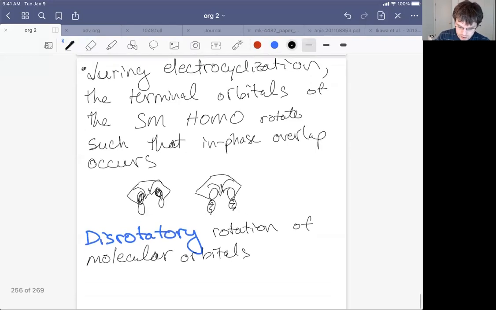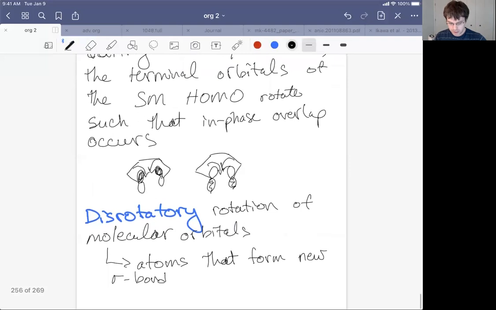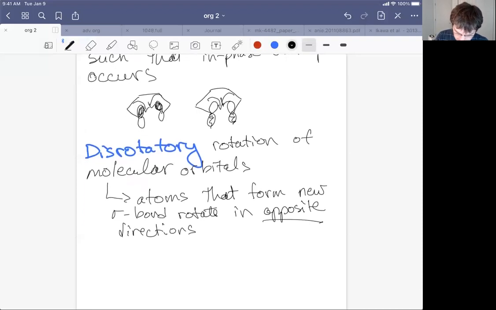In disrotatory rotation of molecular orbitals, the atoms that form the new sigma bond rotate in opposite directions. That is to say, when I say opposite directions, I'm referring to one goes clockwise, one goes counterclockwise.